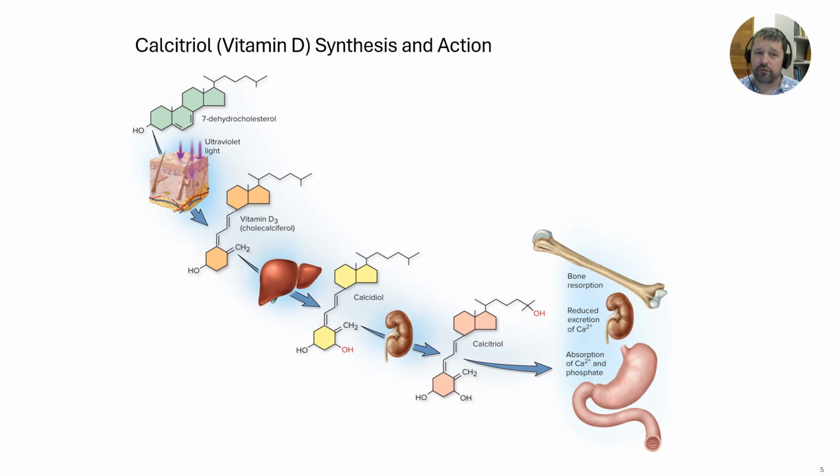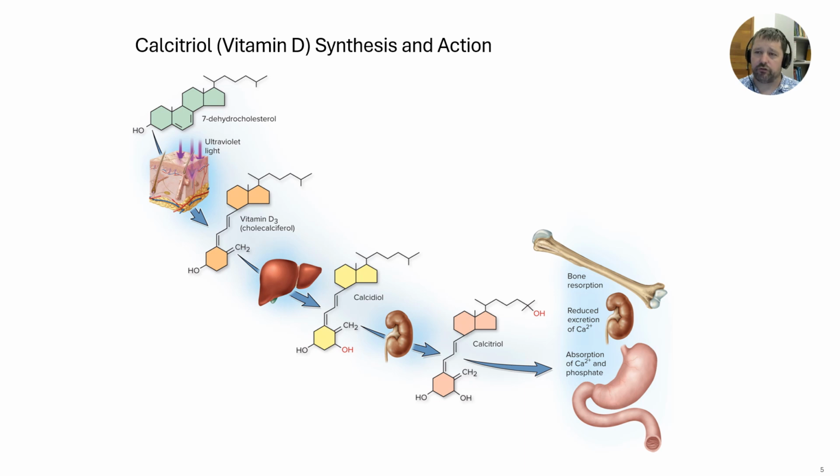Well, this is one of the molecules that are associated with UV light. Okay, so UVB light will react with 7-dehydrocholesterol, that will cause the molecule to change shape.